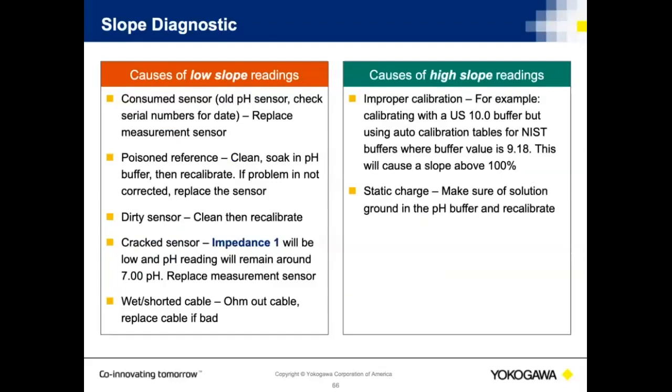Low slope possible causes: the probe has just gotten old. It's been exposed to too much temperature for so long, the glass has drifted. Poisoned reference: the actual reference probe has basically been poisoned out and something's attacked the silver chloride electrode. Dirty sensor. I think that should be number 1. I should really put that number 1. Is the probe dirty?